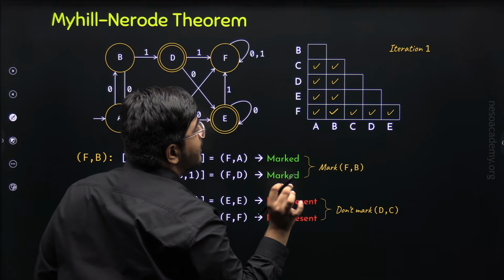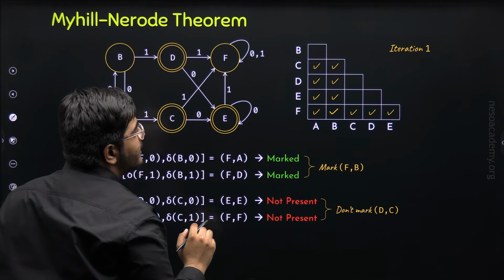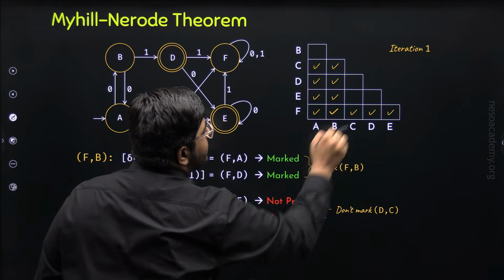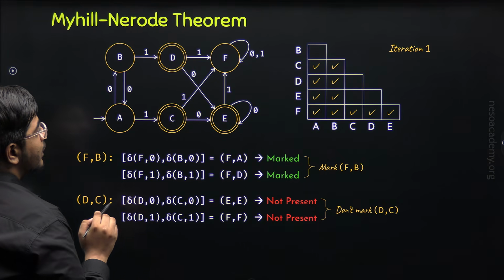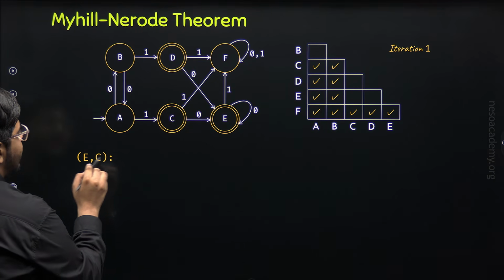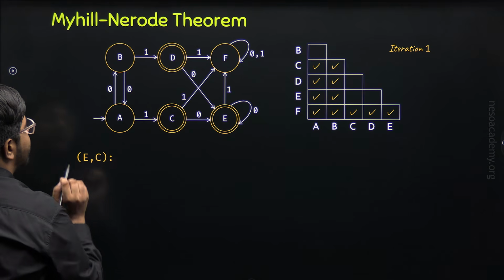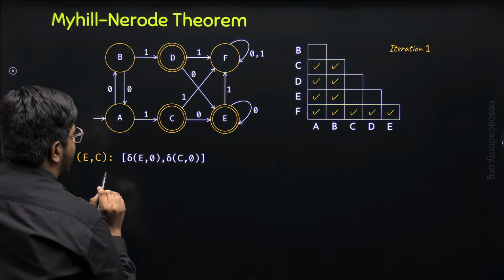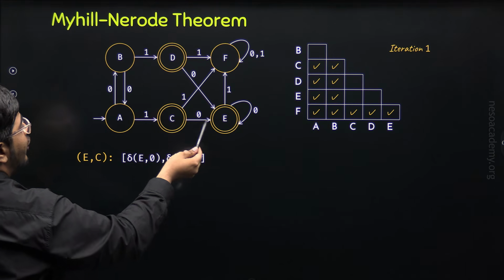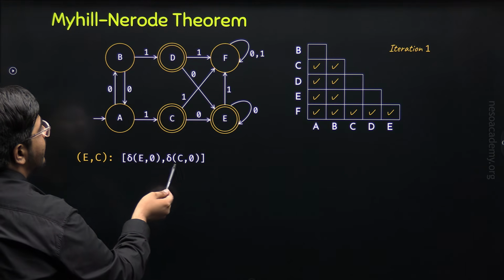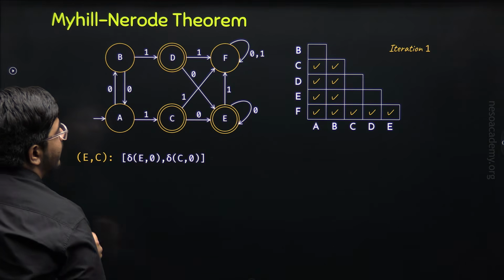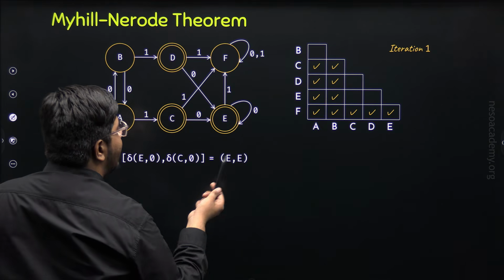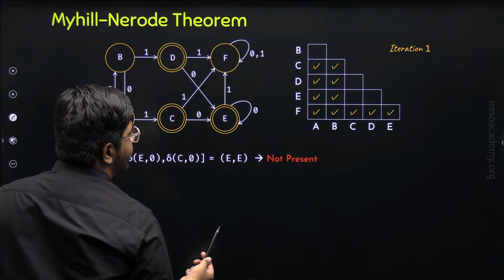Let's check the next unmarked pair, which is E comma C. So we are getting E comma C and for this we will write delta E comma 0, delta C comma 0. Now E comma 0 is E and C comma 0 is also E. So we are getting EE. Again EE is not present in our table.